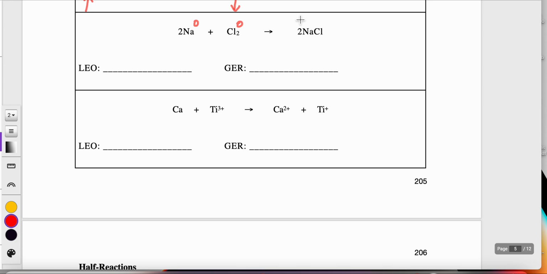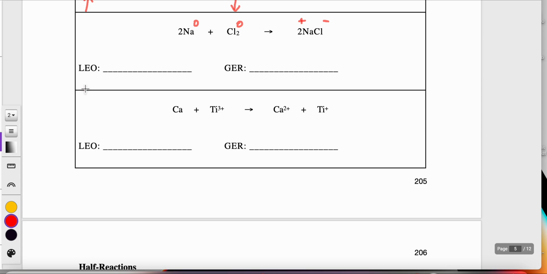Group 1 cations use a +1 charge. Cl needs to supply enough charge to cancel it out, so the Cl uses a -1. And in this case, we see a change in oxidation states. There are no spectators, so everything is participating in the electron transfer.